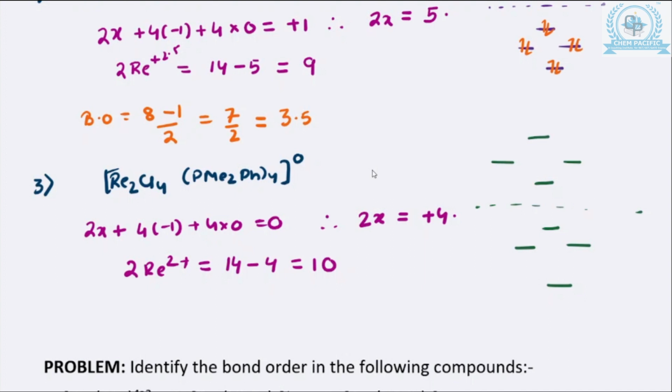So you are having a total of 10 electrons. Let us fill them up: 1, 2, 3, 4, 5, 6, 7, 8, 9, 10.